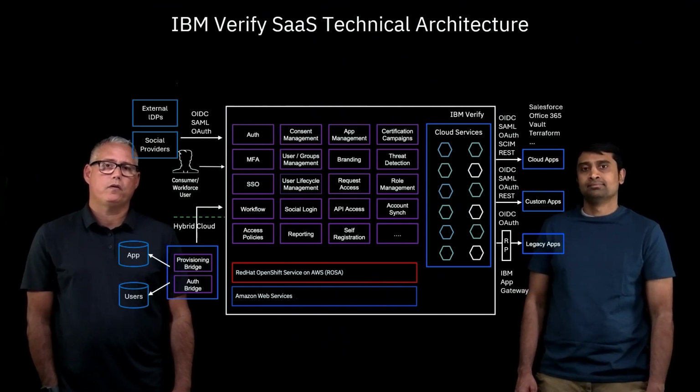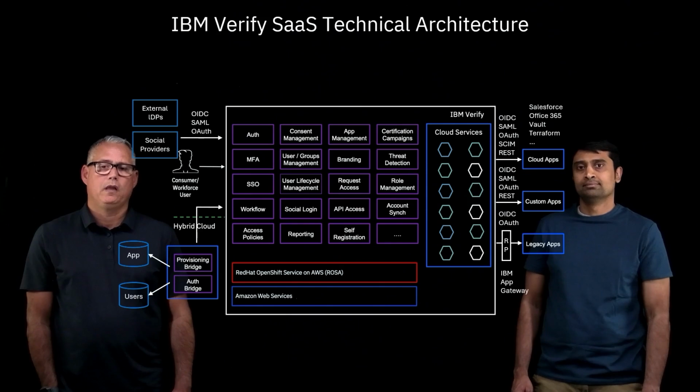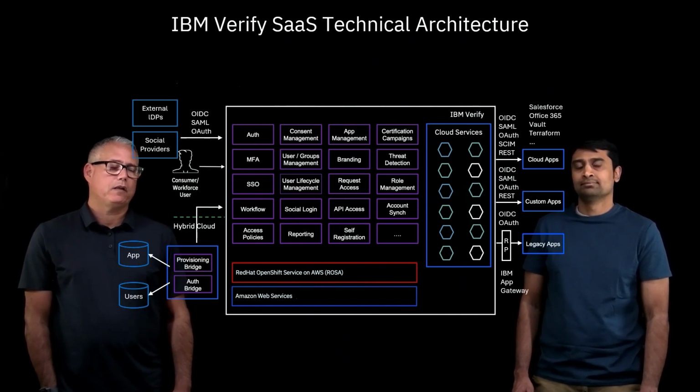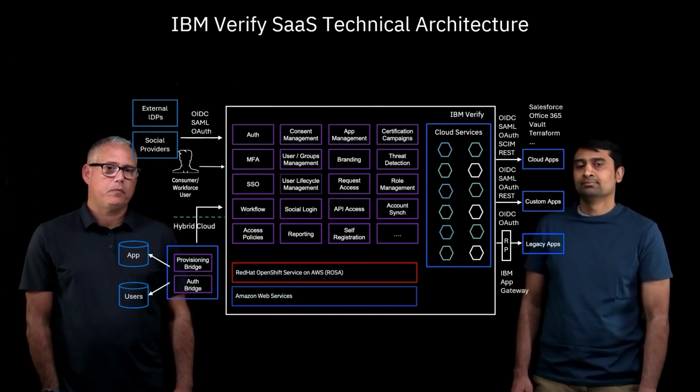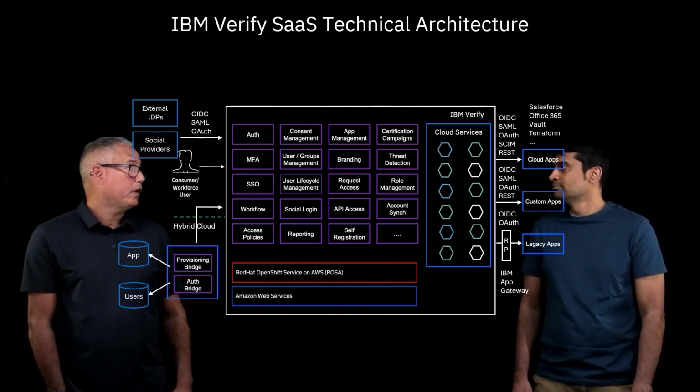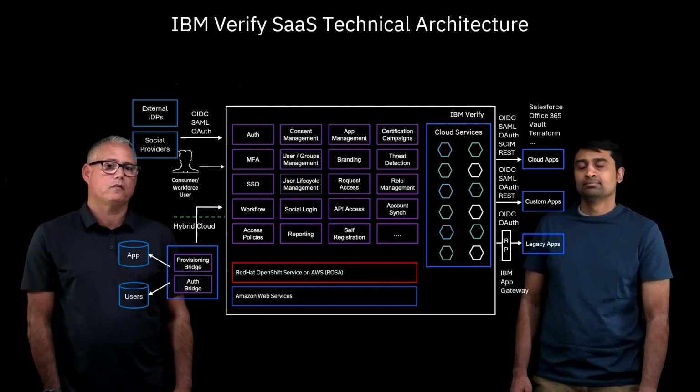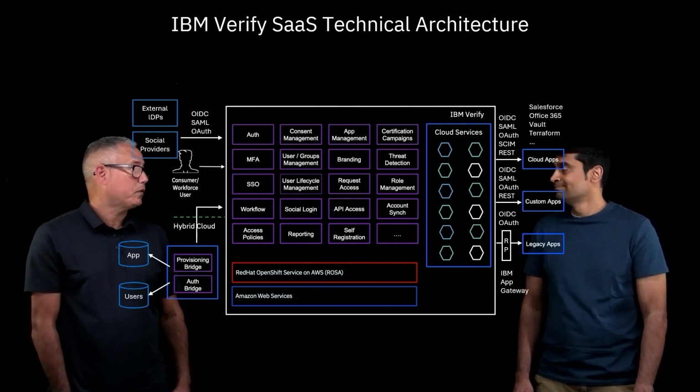And what we have created for this is a component called the authentication bridge that, similar to the provisioning bridge, maintains a connection back to Verify SaaS, but is able to integrate with all these different types of registries. It provides the ability to connect them through industry standard protocols like LDAP, but it also provides the ability to connect to them using other mechanisms to accommodate custom user registries.